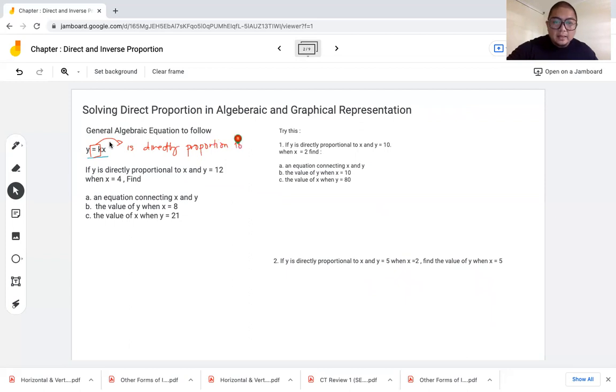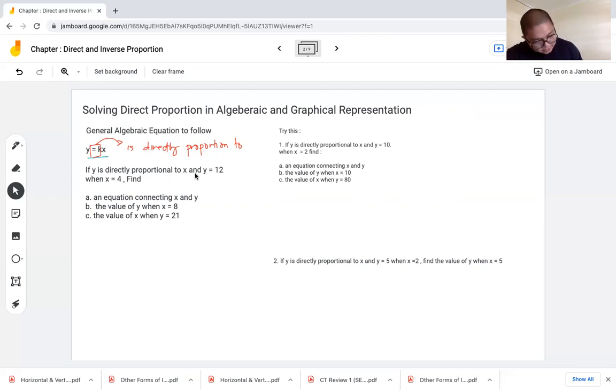So when we read this, automatically it will give us the same statement to what we're going to have in the word problem. So we can say y is directly proportional to x. So as you can see, y is directly proportional to x. And when you try to look at it, automatically you will be able to see that one.